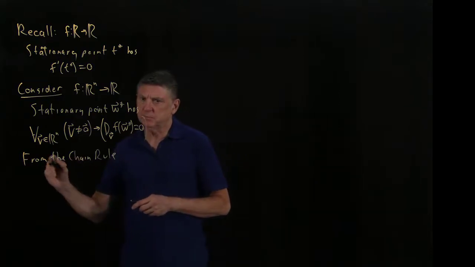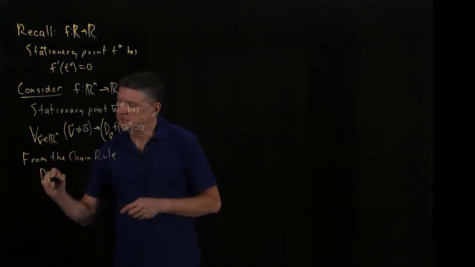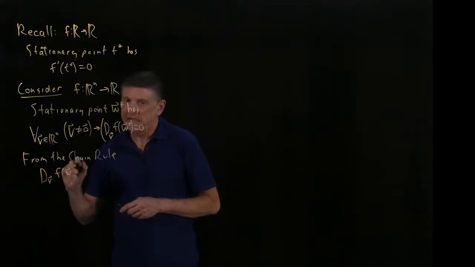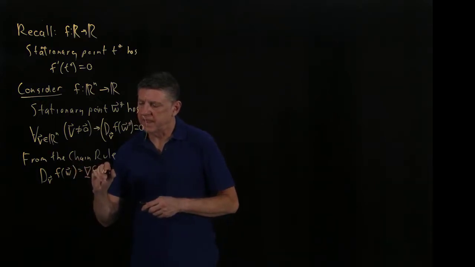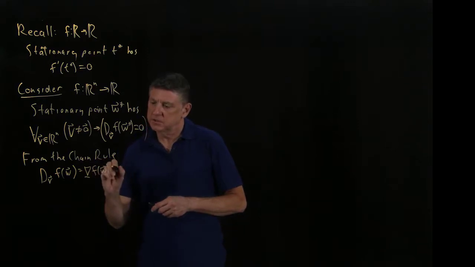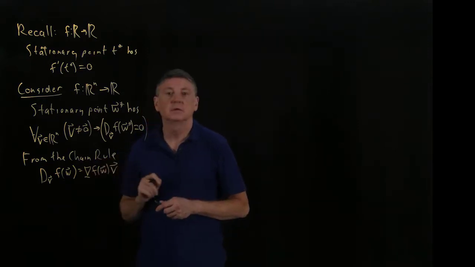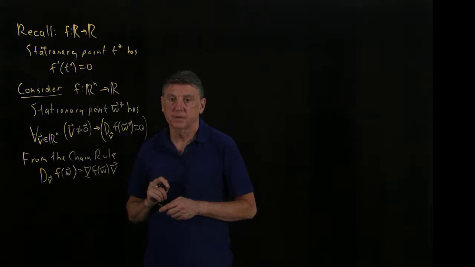So from the chain rule, what we had was that the directional derivative at any point is the gradient 1 form at that point times the vector direction.